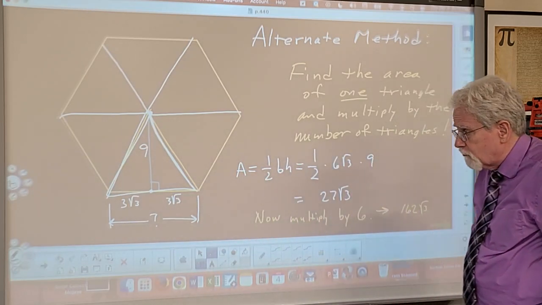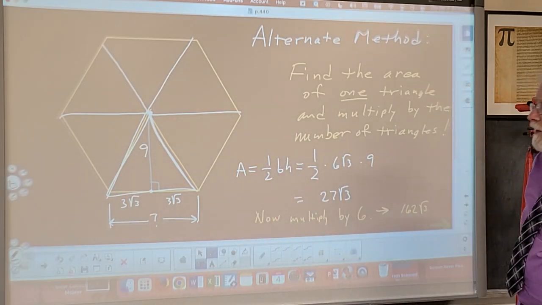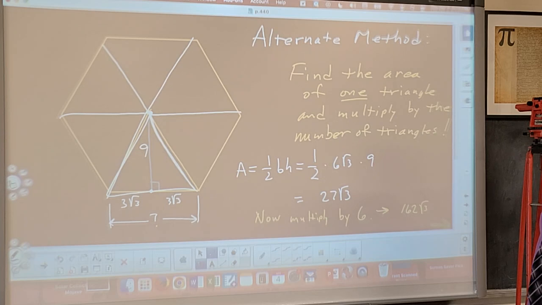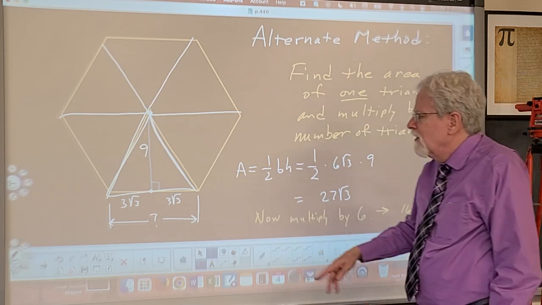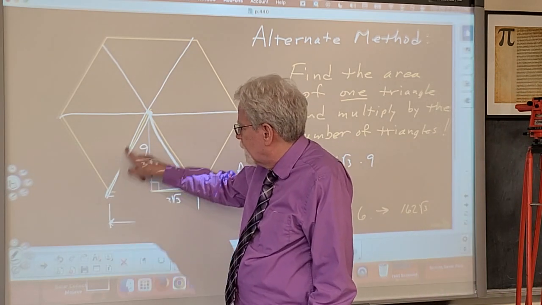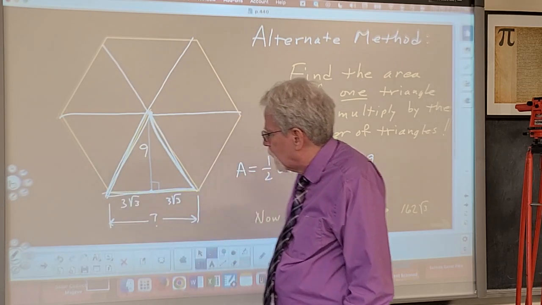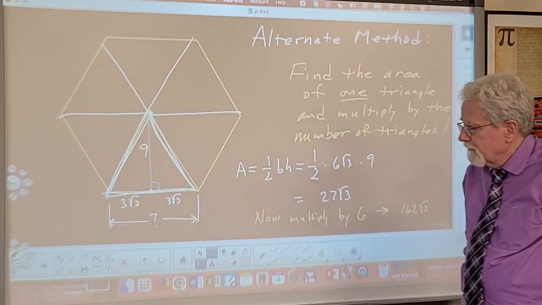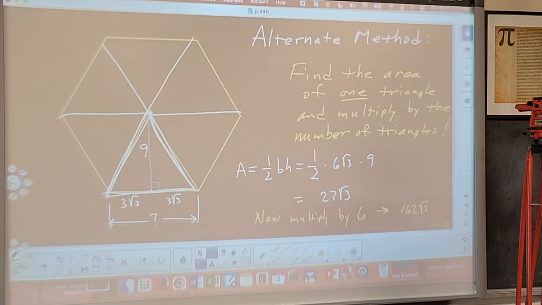That works too. It's your choice. But why not use 1/2 apothem times perimeter? Yes, sometimes it's a little bit tricky to find out what the perimeter is if you're given the apothem, but it's not that bad. Not that bad.